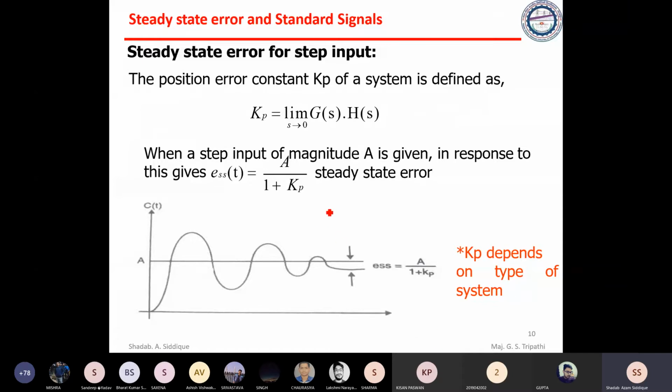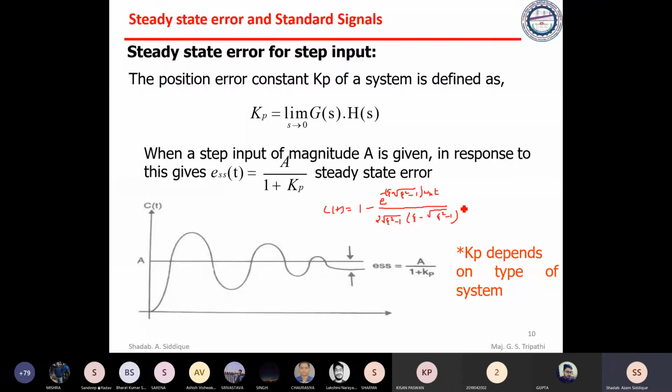You will get the response C of t equal to, you can take a reference from any book and try to find, e to the power minus zeta minus square root of zeta square minus 1, into omega n t, divided by 2 square root of zeta square minus 1, into zeta minus square root of zeta square minus 1.